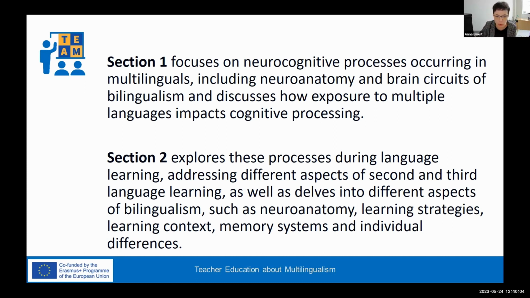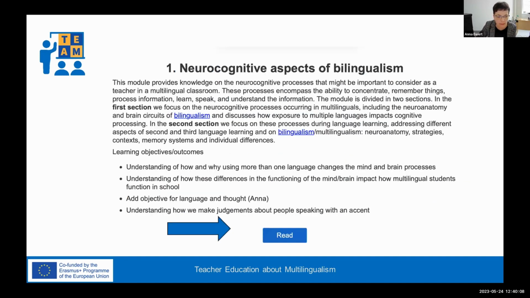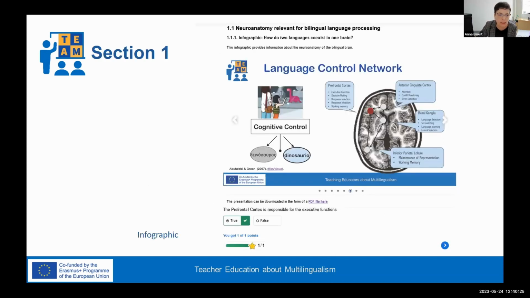And section 2 is more focused on learning in the classroom. And again, here we have a summary and learning objectives, learning outcomes. This section is actually a project still in progress, so there are not many materials there yet.